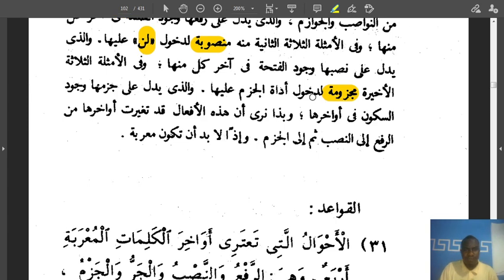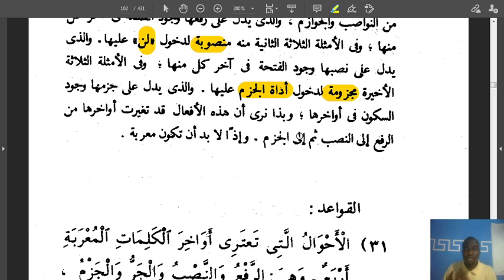So he says it is now majzuma, ending in sukun, لِدُخُولِ أَدَاةِ الْجَزْمِ عَلَيْهَا, because of the introduction of adatul jazm. The adatul jazm are the tools that cause a verb to end in sukun, part of which is lam, as we've seen up there. وَالَّذِي يَدُلُّ عَلَى جَزْمِهَا وُجُودُ السُّكُونِ فِي أَوَاخِرِهَا.